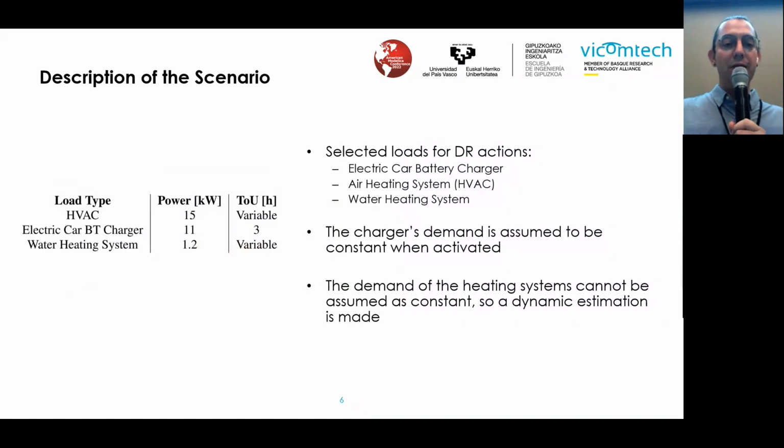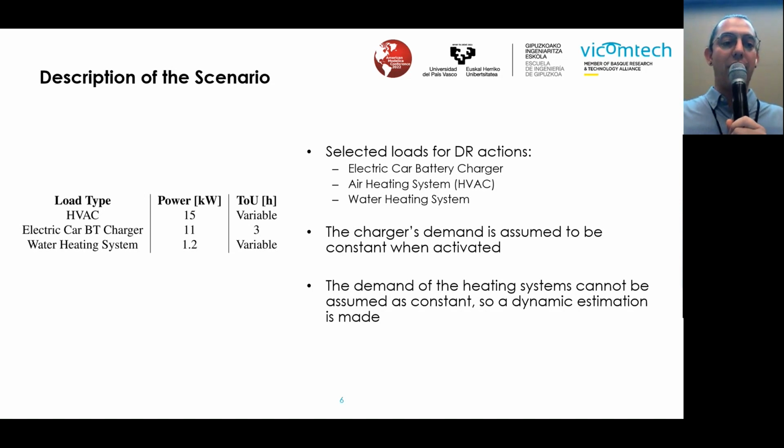Now, in the scenario here, the idea they have is to select specific loads to apply the demand response. The HVAC, which is basically mostly air heating, is about 15 kilowatts, and the time of use is variable because it's naturally weather dependent. They also have a water heating system for sanitary purposes, which is also weather dependent because you've got to heat it up when it's cold.